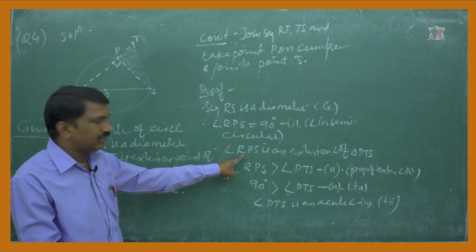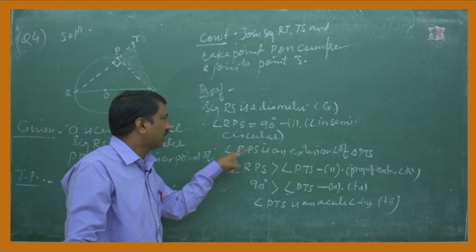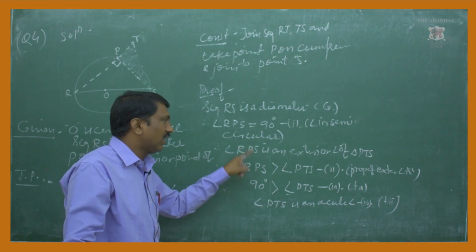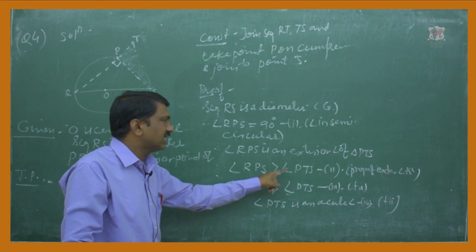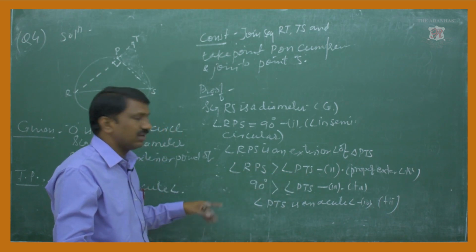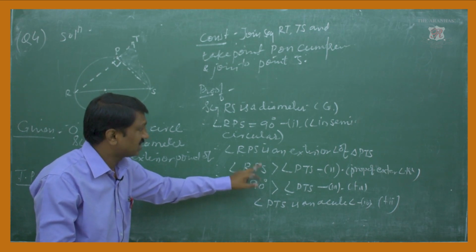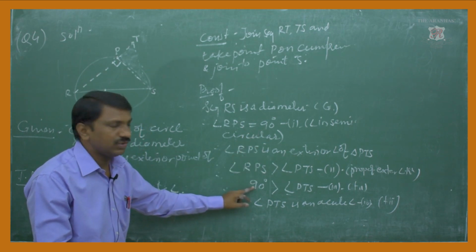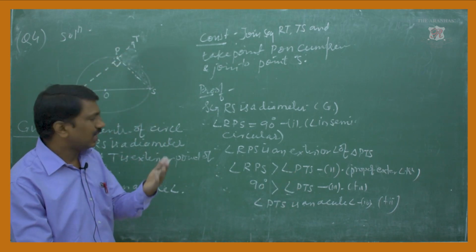So angle RPS is greater than angle PTS. Then angle RPS is 90 degrees, so 90 degrees is greater than angle PTS. So PTS means here. So let's see.